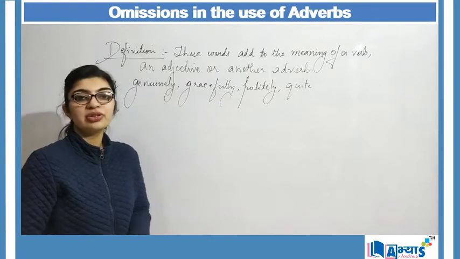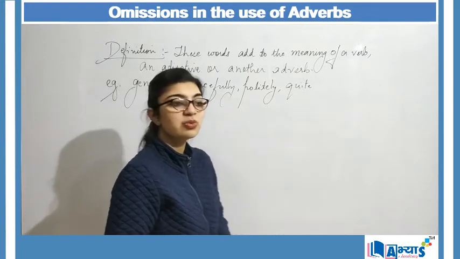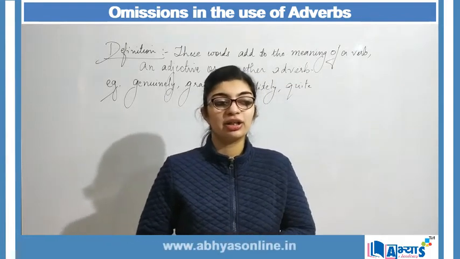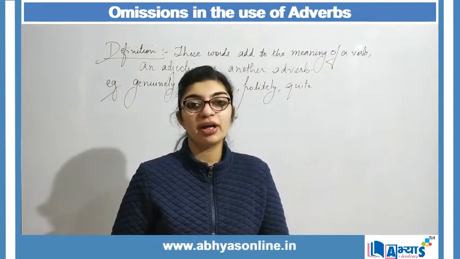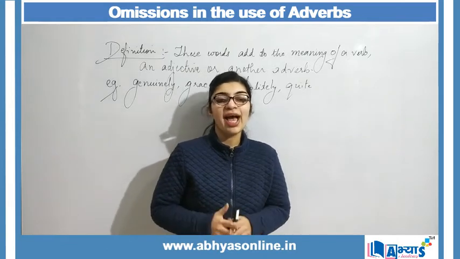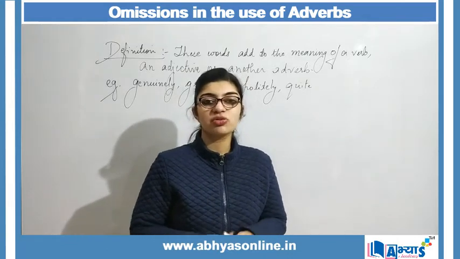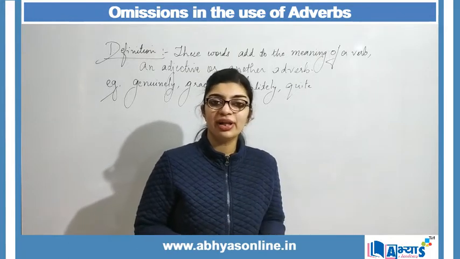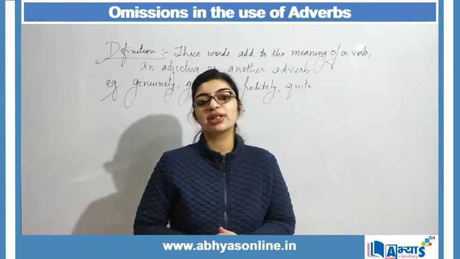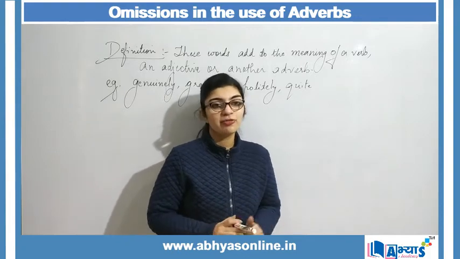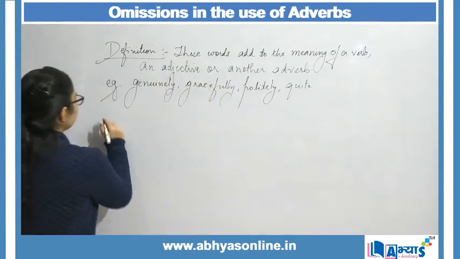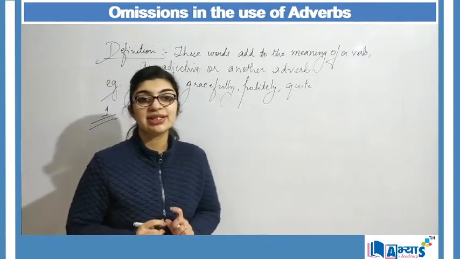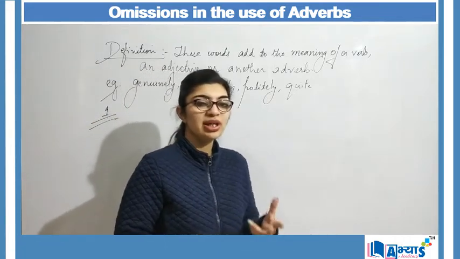Now here we are going to discuss omission in adverbs, which means that where we feel that the particular words are not required, but in reality and according to English we need to fix those words over there. So we need to find the words which are ignored and then we have to place those words in the correct sentences.